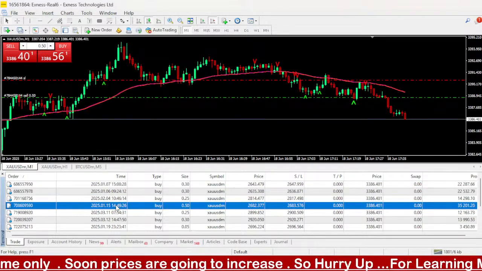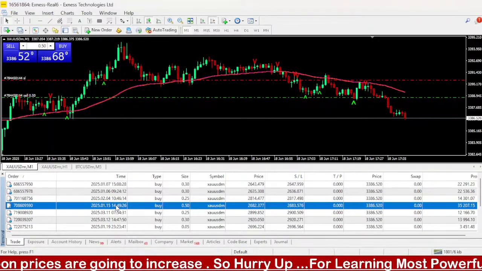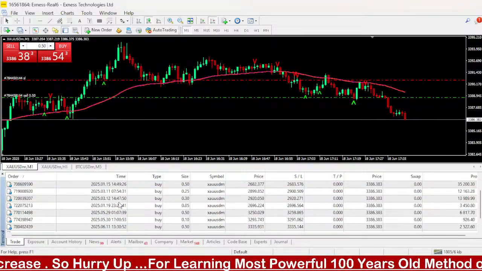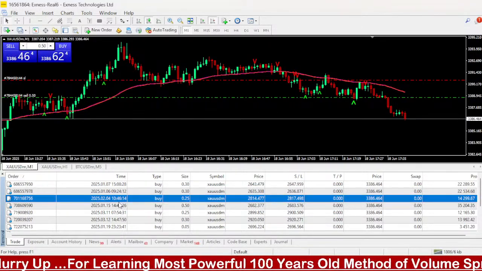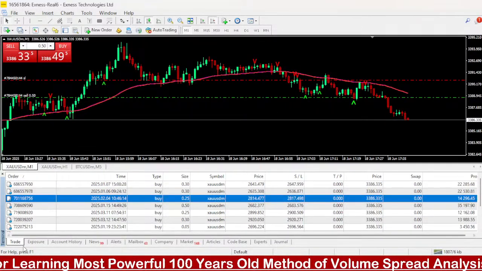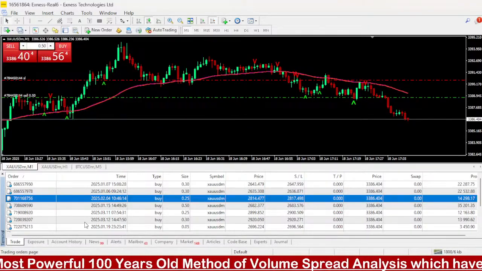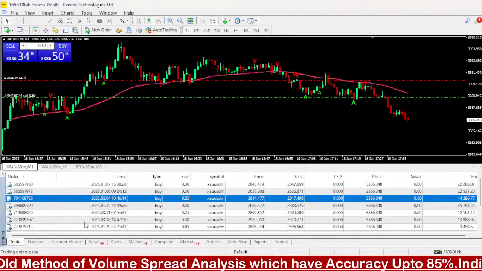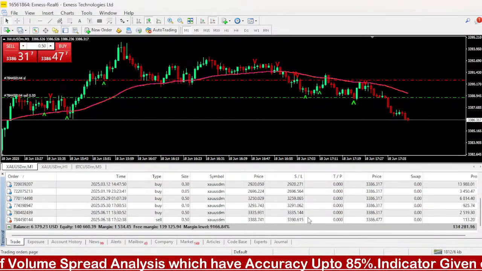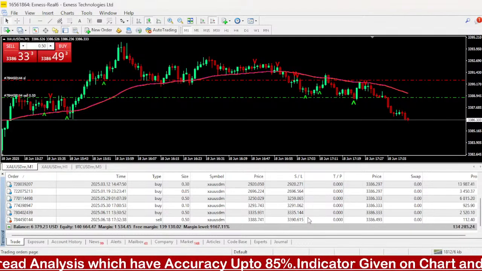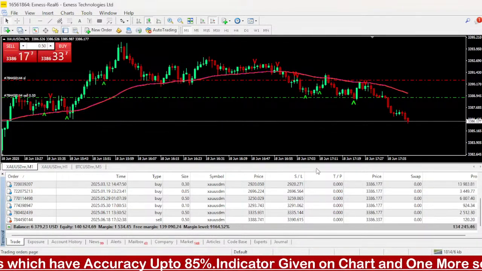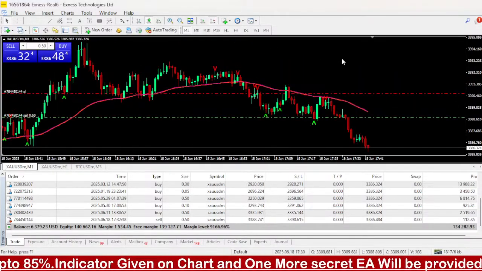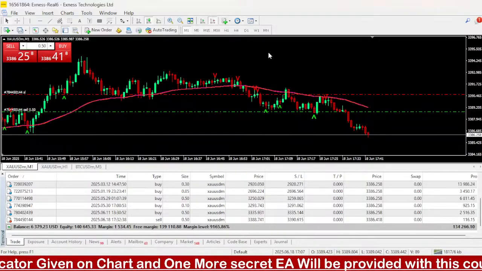I started taking trades in January, and of course 2 trades in January, 1 trade in February, and 2 to 3 trades in March, and all those trades are going very well. All those trades were based on strong fundamental analysis, and then positional trading was based on volume spread analysis. So that's the power of this method, which is volume spread analysis.